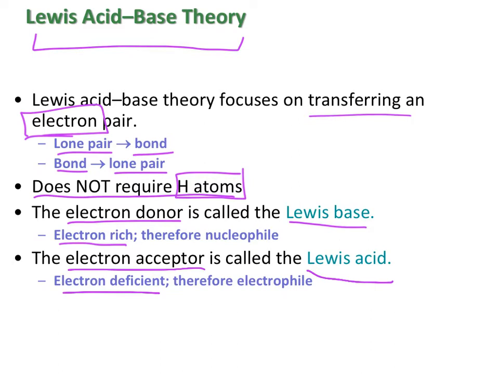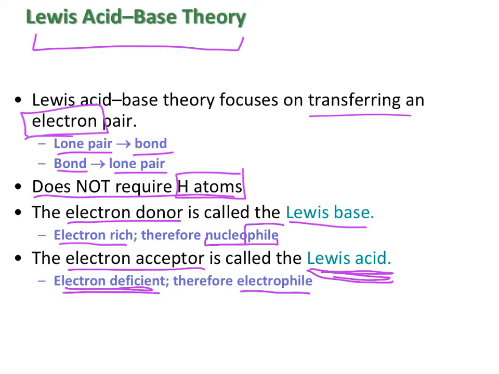There are two words that we use to describe these. Something that is electron rich is called a nucleophile. The reason for this is because it wants a nucleus, so it'll attack a nucleus in a sense to give those electrons to that nucleus, while an acid, which does not have electrons, is called an electrophile because it wants electrons.